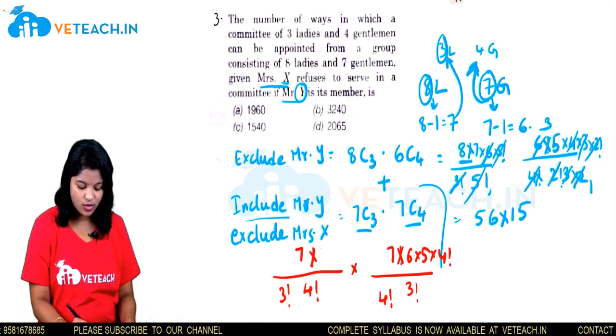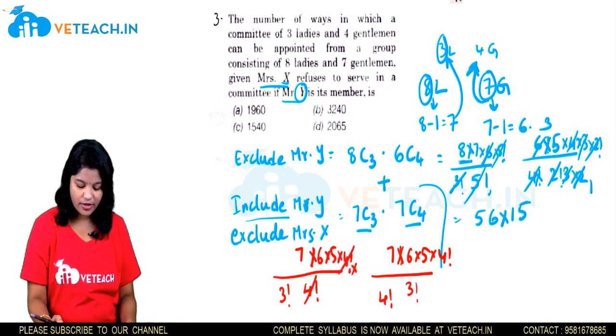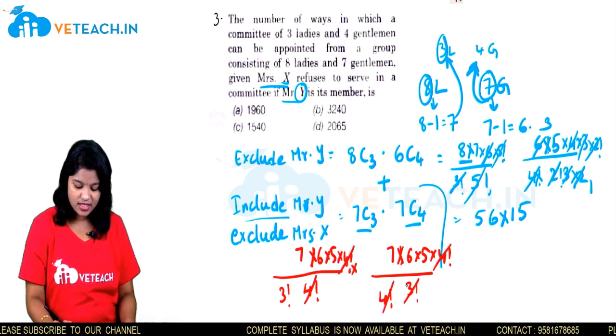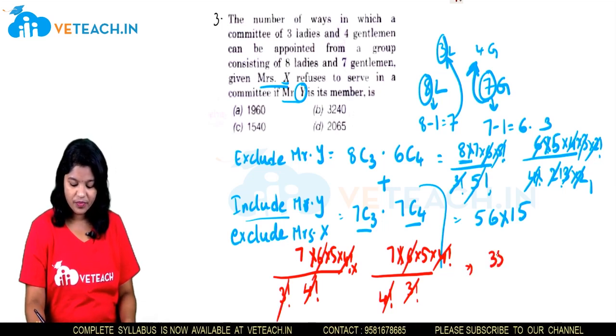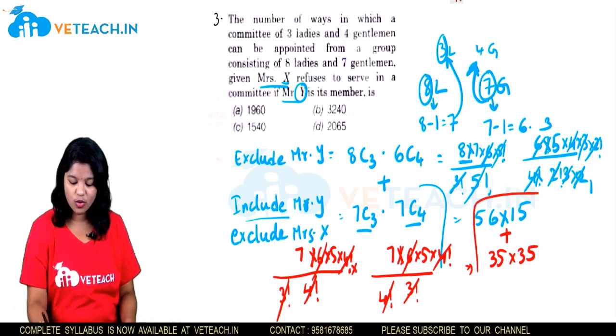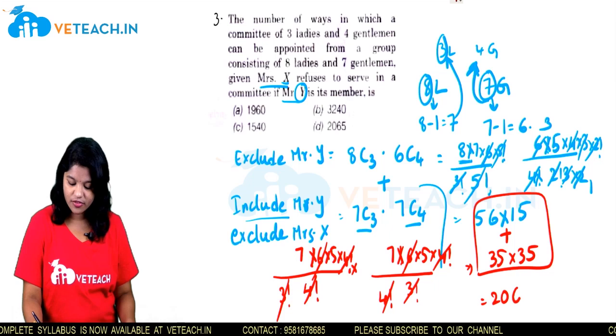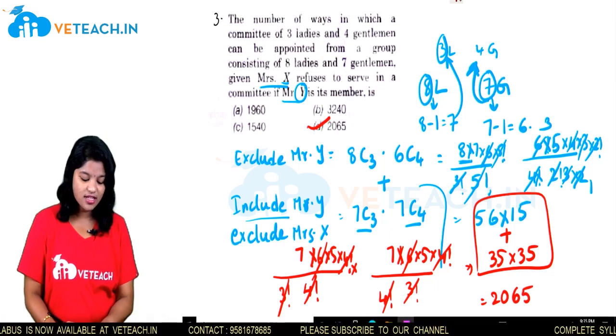Here also 7 into 6 into 5 into 4 factorial. 4 factorial gets cancelled. 3 factorial value is nothing but 6. So here we will get 35 into 35. So we should add these both terms. So the answer will be 2065. So option D is our correct answer.